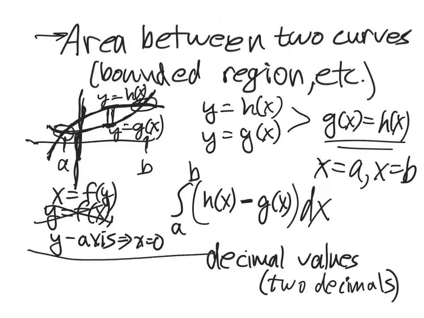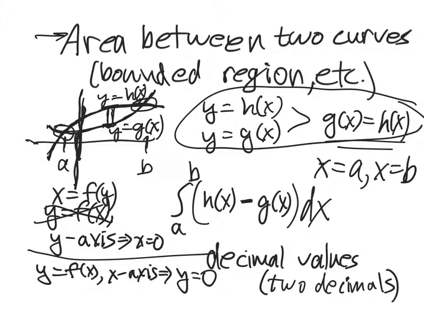So if it's y equals some function of x with the x-axis, well, the x-axis could be written as the equation y equals 0. So it's the same idea we had here, except one of the functions would simply be 0. And that actually makes life a little bit easier.